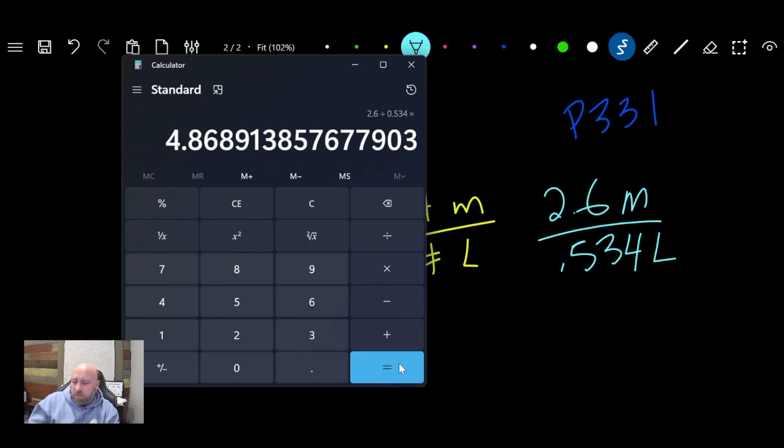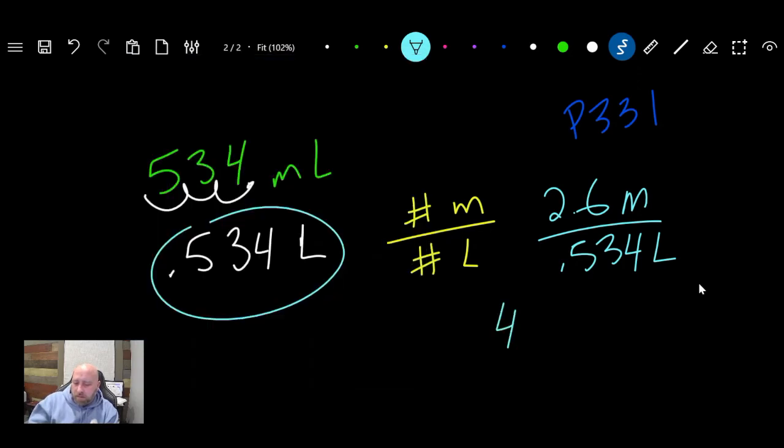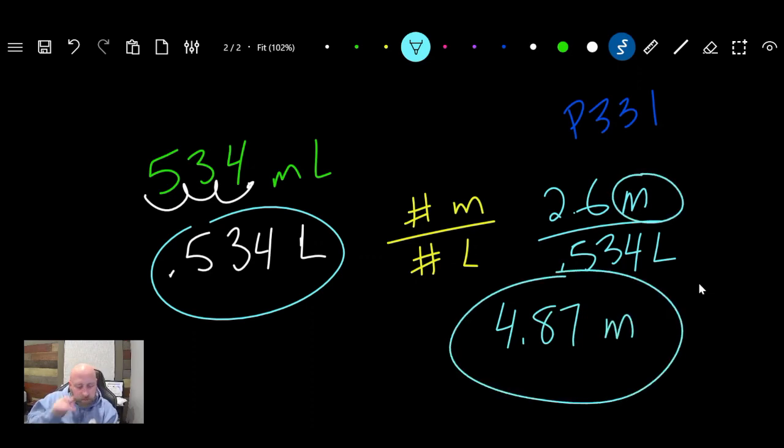We're going to go to 3 decimal places because this goes to 3 decimal places, so we need 3 significant digits. So yeah, 4.87. The question wants to know the molarity, so that would be 4.87. The book rounds it to 4.9.